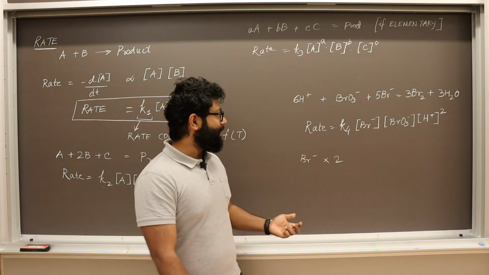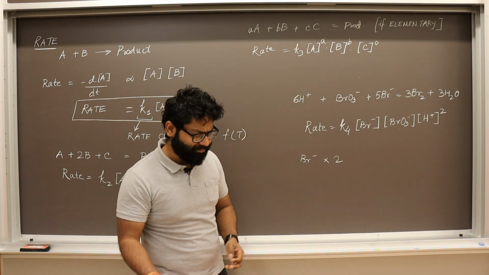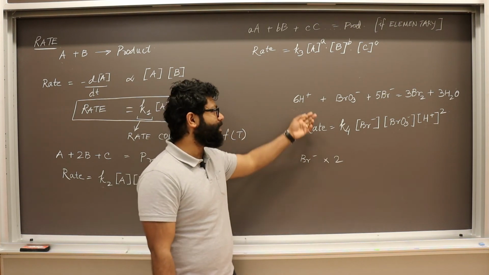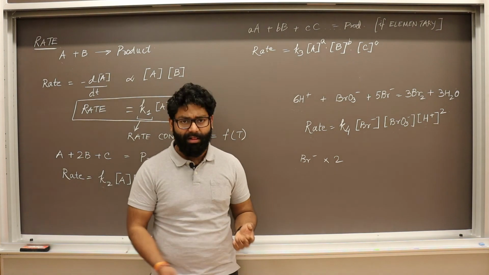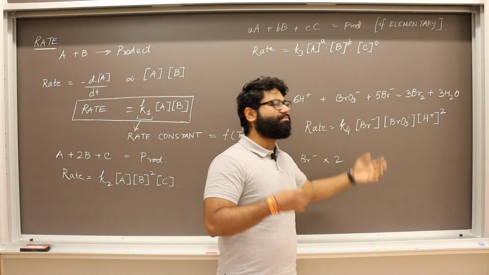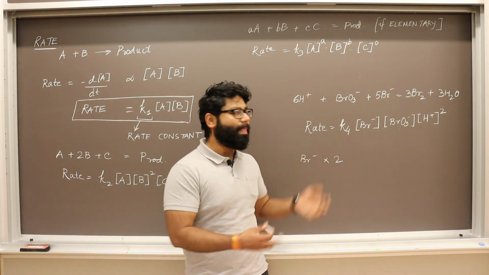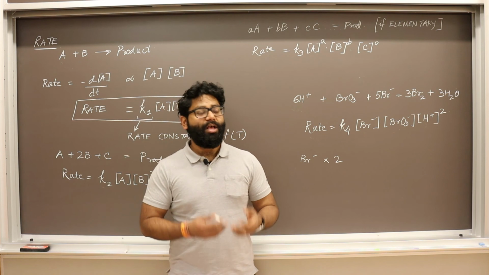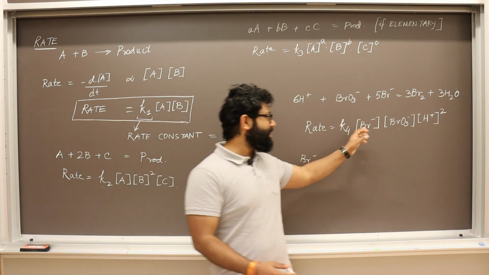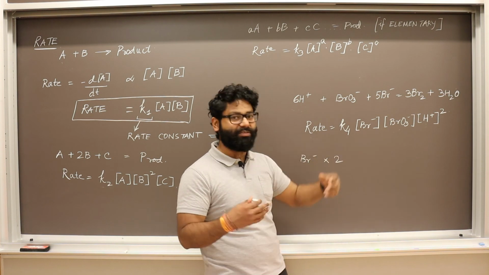Now, it could also happen that some reactions might not be dependent on the reactant concentrations at all. There might be certain reactions in which you can change the concentrations of the reactants, but the rate will not depend on them. So in here, the rate of the reaction with respect to the bromide concentration is 1.